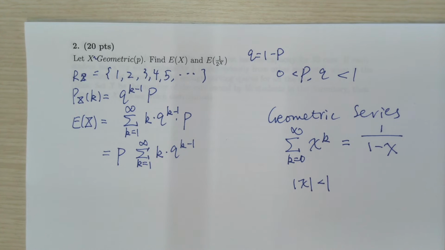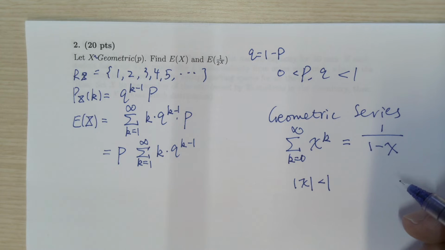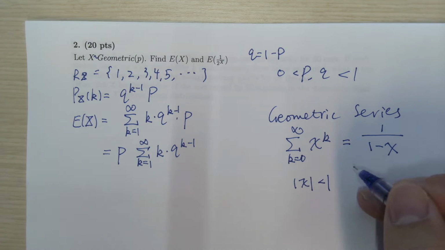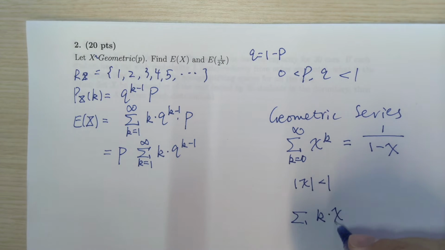Alright, so now if we know this result, and noticing that if we can take the derivative of this, that's going to be k times x^(k-1), right?